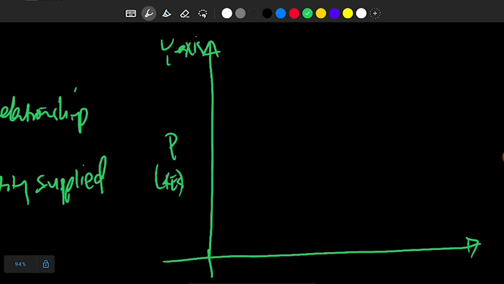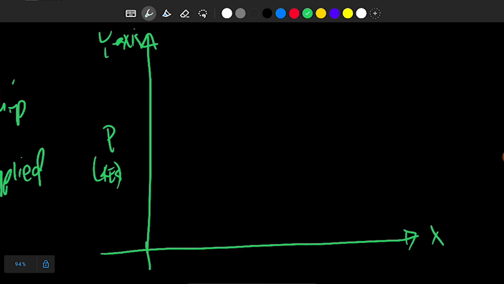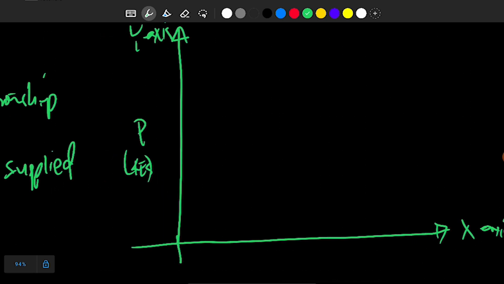Then we have an x-axis, the horizontal axis here, which in this case will represent quantity supplied, which is in terms of number of units. And we said an increase in prices will cause an overall increase in the quantity supplied. The decrease in prices will cause a decrease in the quantity supplied. So as we said, a direct relationship.